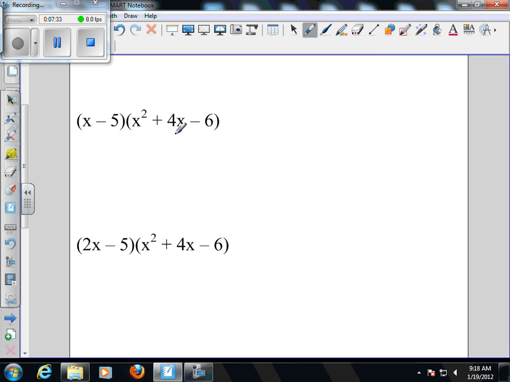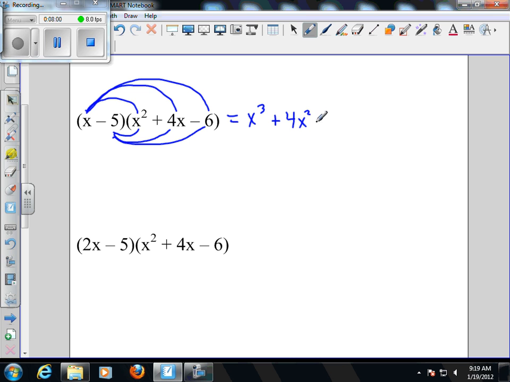With this one, we are multiplying a binomial times a trinomial. So we are just going to repeatedly distribute the multiplication of each term throughout this problem. So we're going to say x times x squared is x to the third. X times 4x is 4x squared.